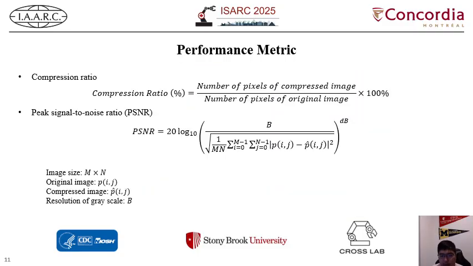In order to evaluate our system, we use two performance metrics to evaluate FQA. The first one is compression ratio, to evaluate the compression of the image, and also peak signal to noise ratio (PSNR).